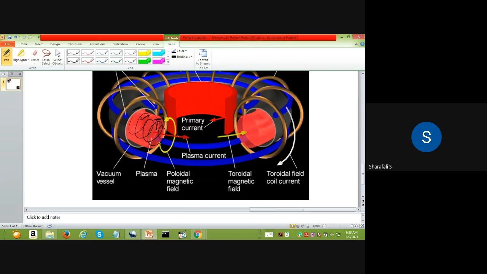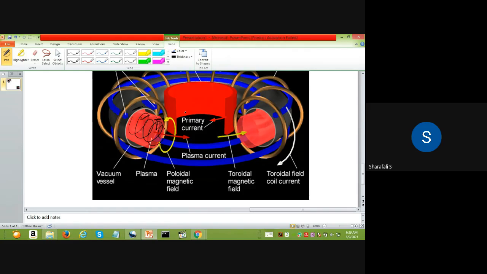So the poloidal magnetic field makes this circular action, and the toroidal magnetic field makes the propagation itself. When the electrons are confined in this particular region, then they can interact. The ions, if they have enough energy, can cross that potential barrier and interact with each other.